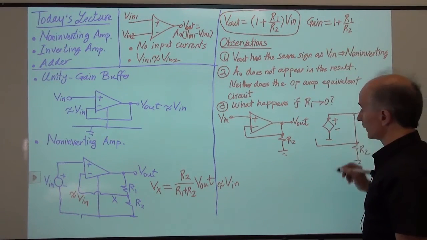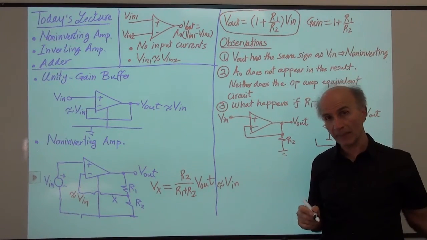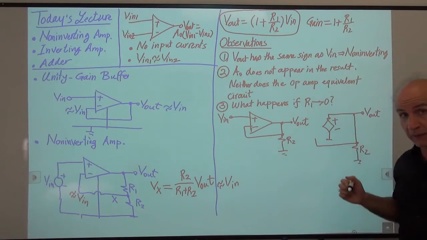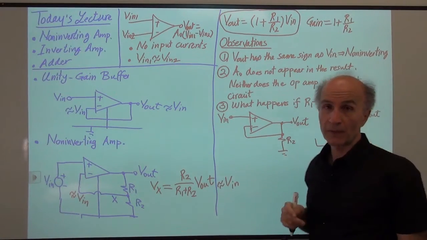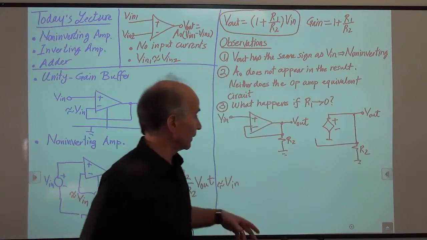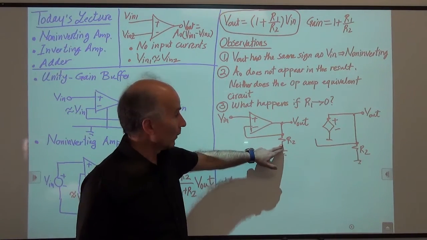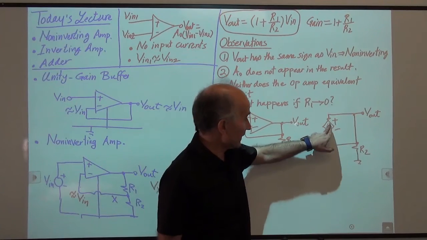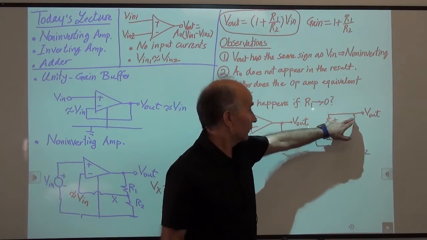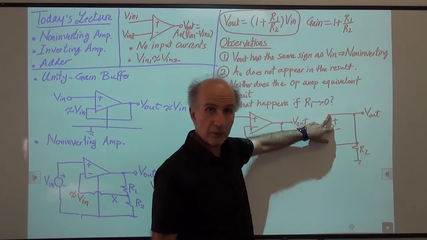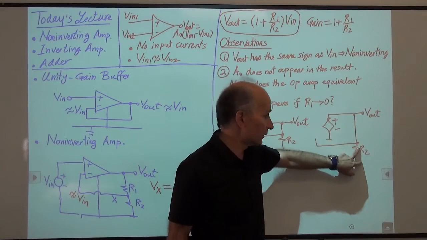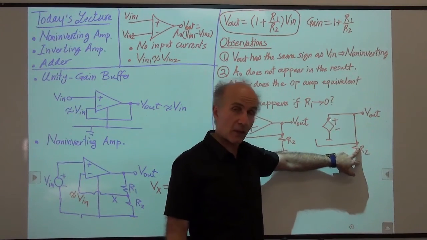So even though we are not using the equivalent circuit of the op amp, it's still good to remember what the equivalent circuit looks like so that we can understand intuitively why this R2 has no role in the circuit. Well, you can see that because it's an ideal voltage source, the voltage here is always defined by this voltage source, regardless of the value of this resistor, so long as it's not 0, of course.